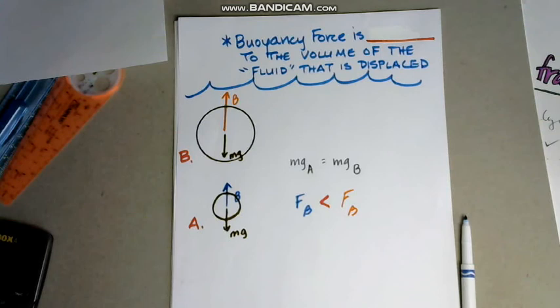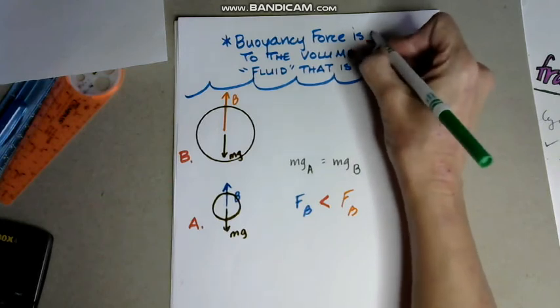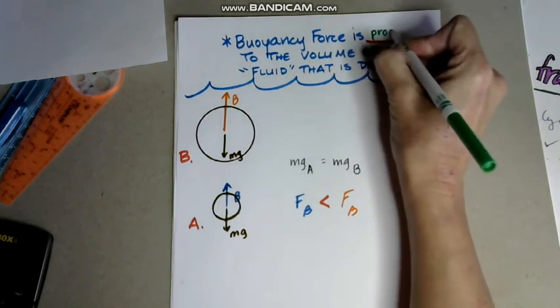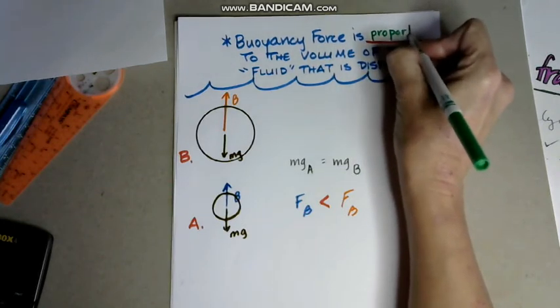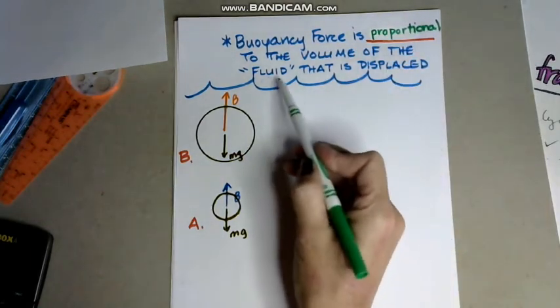Okay, so I'm going to give you another question. The buoyancy force is blank to the volume of the fluid that is displaced. Answer now. The buoyancy force is related to, or I'll even go ahead and say it's proportional to the volume of the fluid that is displaced.